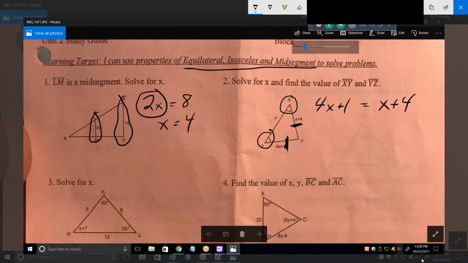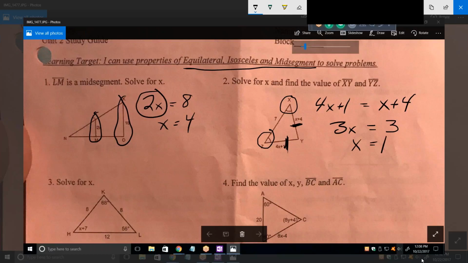Just give me the next line. I don't care how you do it, just verbalize to me the next line. 3x plus 1 equals 3? Yeah. That's how you would verbalize it. You need the equal sign there. And the next line? x equals 1.